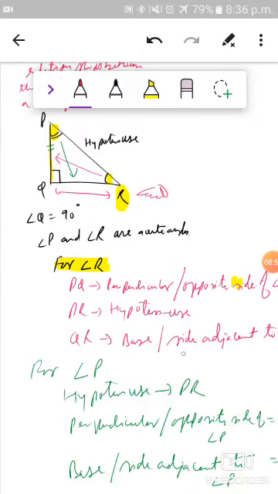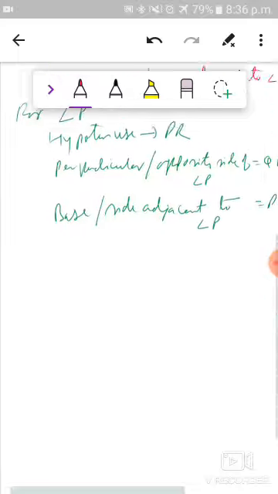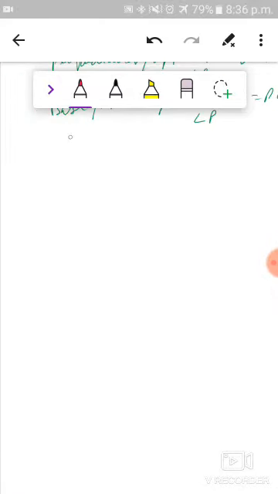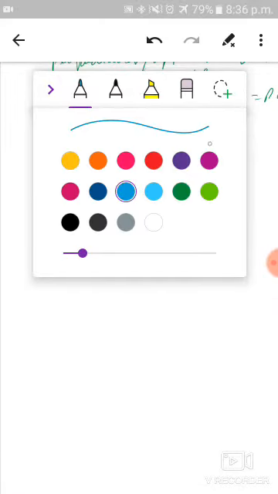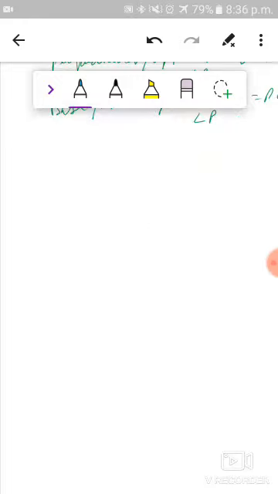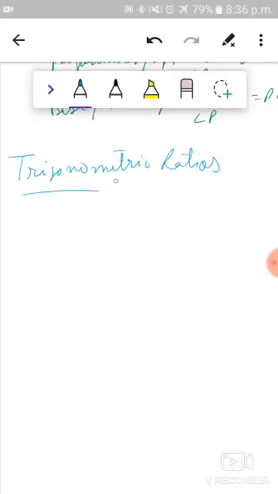Okay, now we will discuss trigonometric ratios. So let me draw a triangle here first.